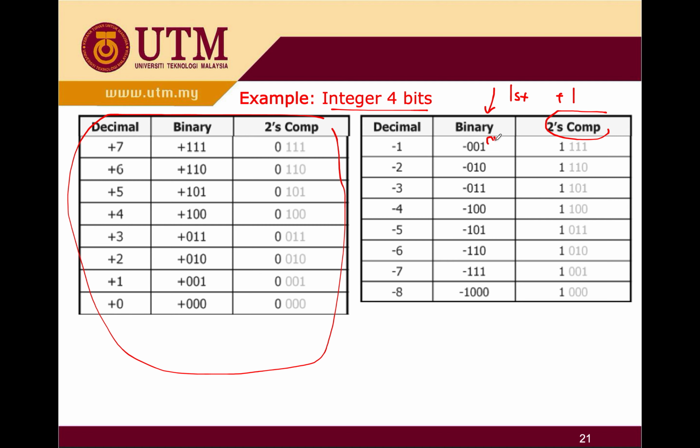So you convert it, you will get 0 1 1 for the first complement. This is the first complement, because you change 0 to 1, 1 to 0, 0 to 1. So you get first complement 1 1 0.